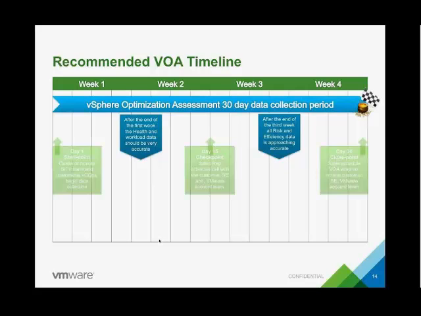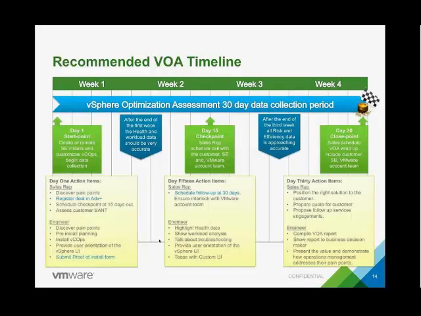Because of the nature of the maturity of the data across that 30-day period, it lends itself to some best practice around engagement. Let's talk about the beginning, the day one for a minute. The first engagement with the customer is really about discovering what their pain points are, learning what's most difficult for them in their environment.